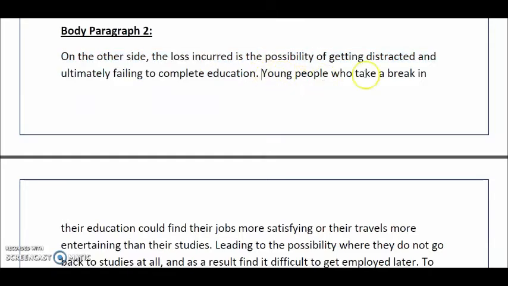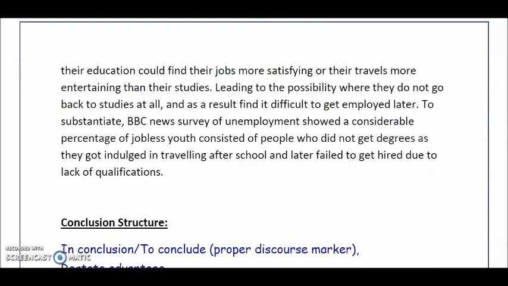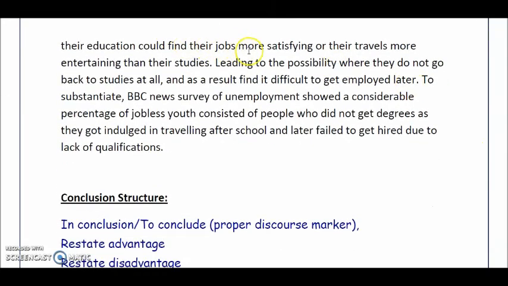Young people who take a break in their education could find their jobs more satisfying or their travels more entertaining than their studies, leading to the possibility where they do not go back to studies at all, and as a result find it difficult to get employed later.